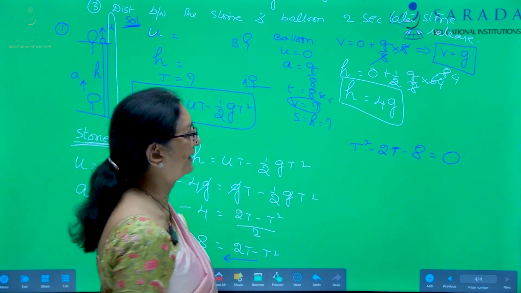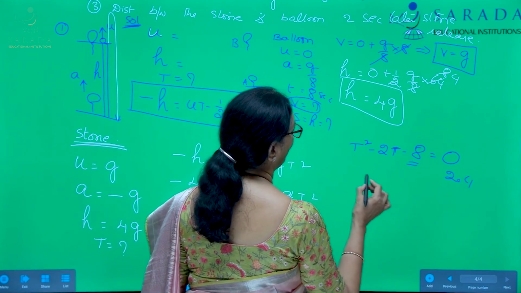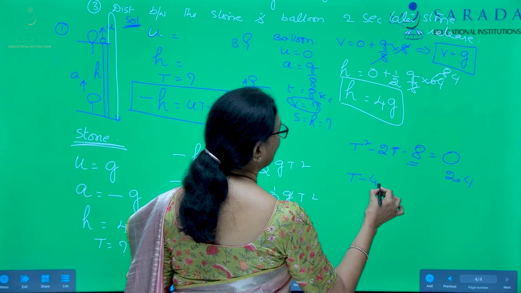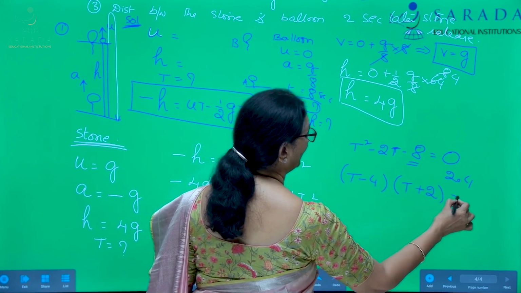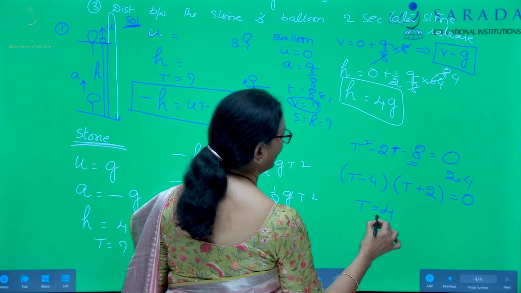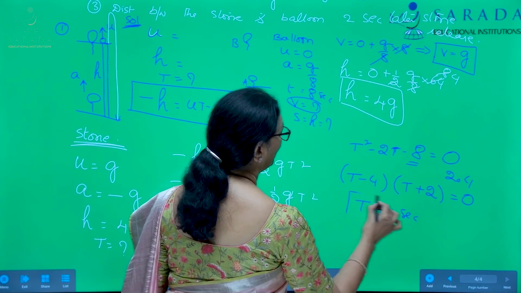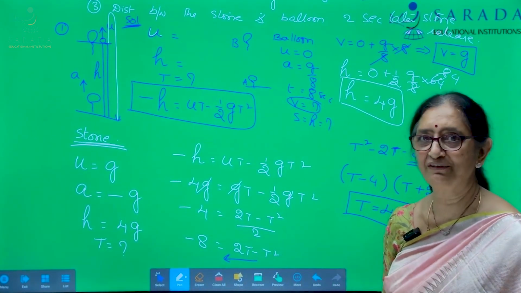That is a quadratic equation with the roots as 4 and minus 2. So, this becomes t minus 4 into t plus 2 is equal to 0, which implies time taken by the stone to reach the ground is 4 seconds. Isn't it a beautiful question?